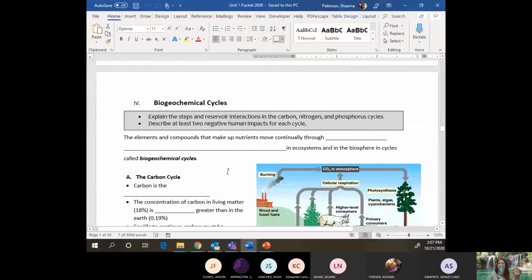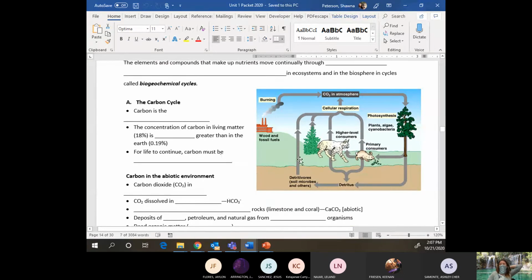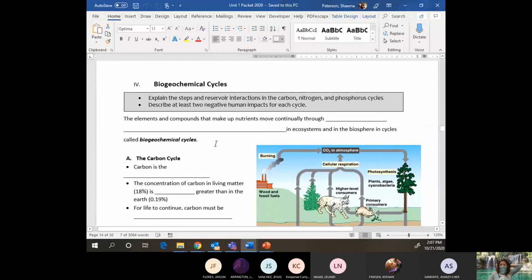Even though it is relevant, it's hard to correlate to sometimes. But the nitrogen cycle especially, you get pretty heavily tested on in the spring. So open up your note packet to this page. This is where we're going to start, and we'll feed a few more presentations in throughout the week.